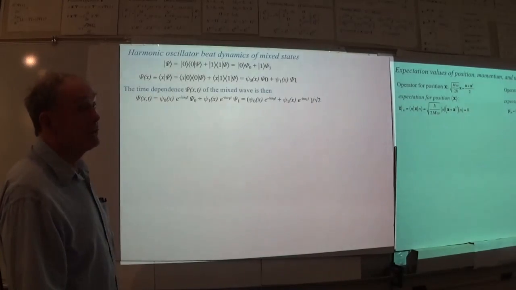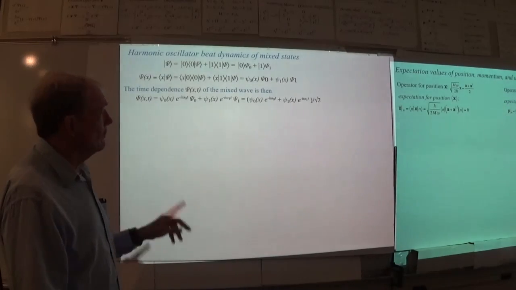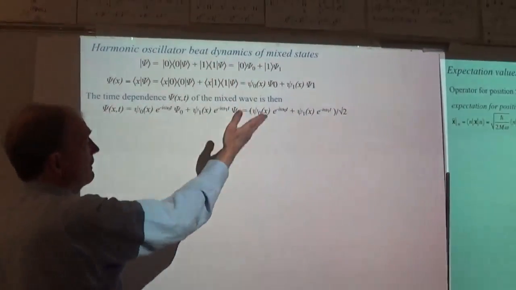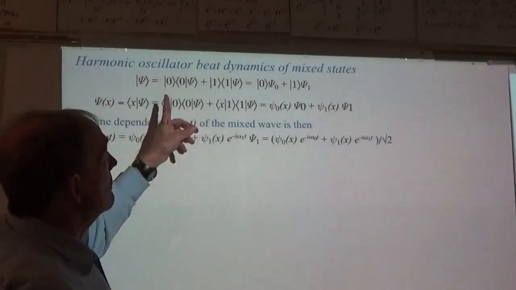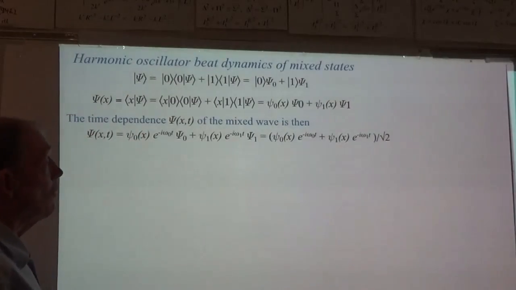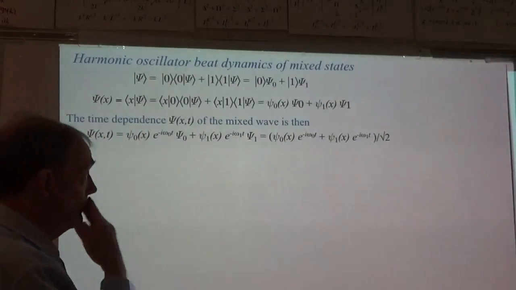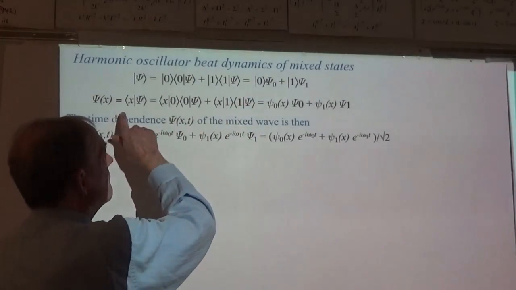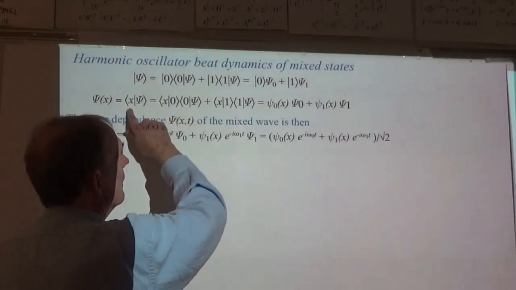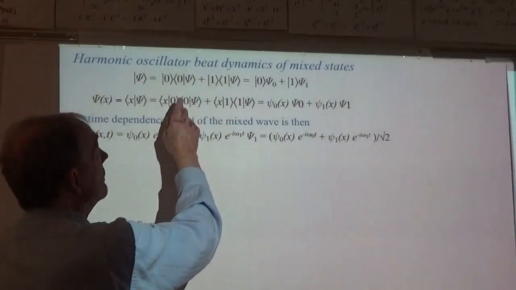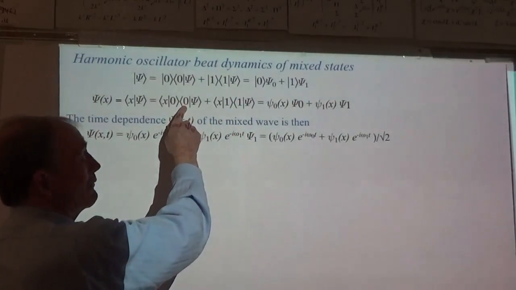Okay, we've got some interesting stuff to do. We've still got about a half hour. I want to do some more animations: the dynamics of mixed states. Every one of these different states has a different frequency. It's just a quantum number times omega, and times h bar gives you the energy. This is the sum right here of something going at a frequency omega with something going at a frequency omega over 2.